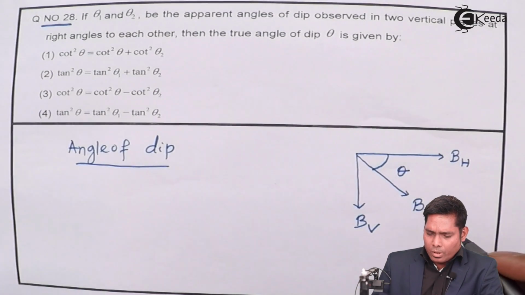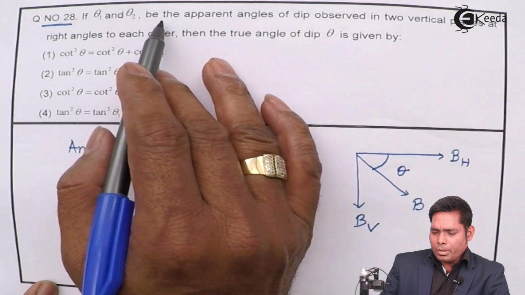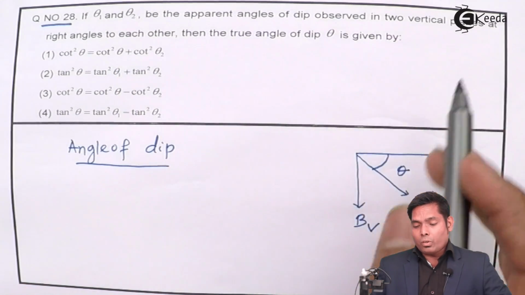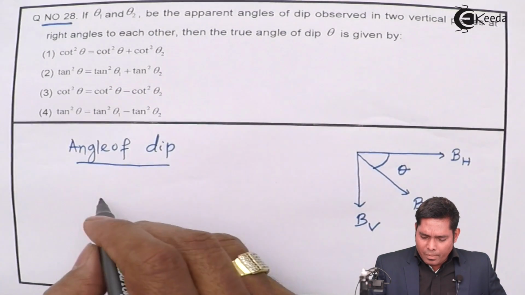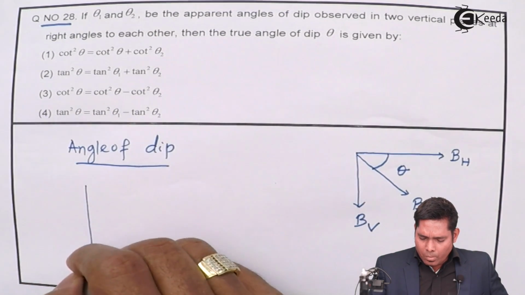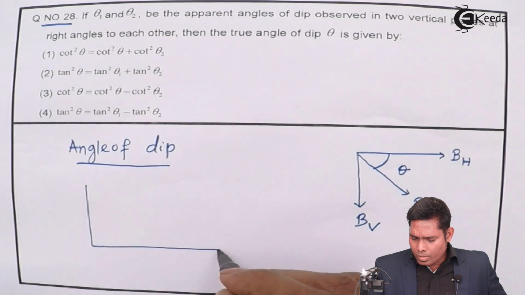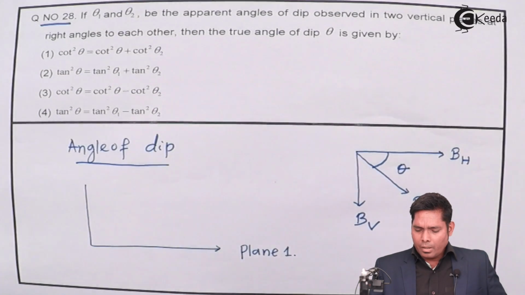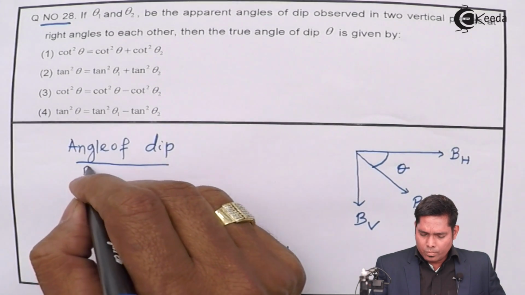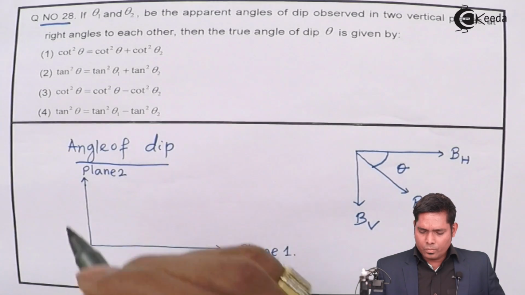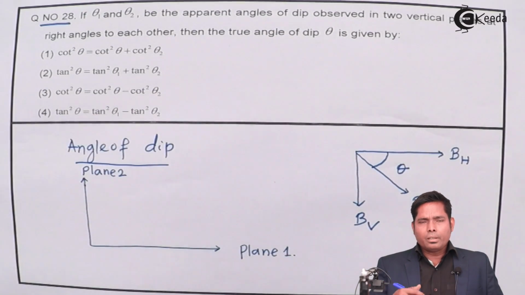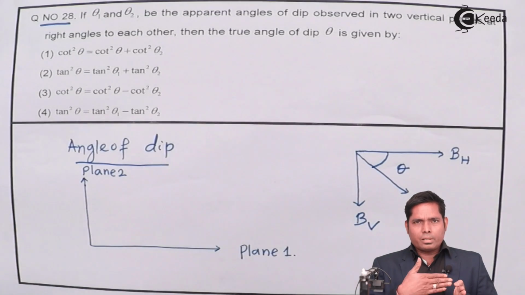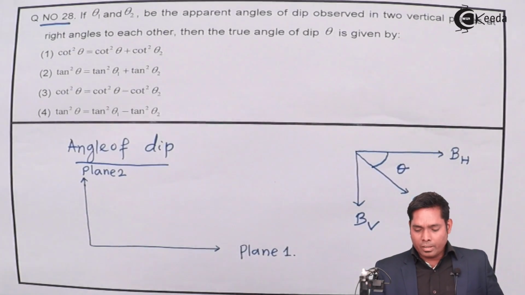Now it says that if theta 1 and theta 2 be the apparent angles of dip observed in two vertical planes at right angles to each other. So let us have two vertical planes. Suppose this is plane 1 and this is plane 2. They are vertical to each other, just like that.